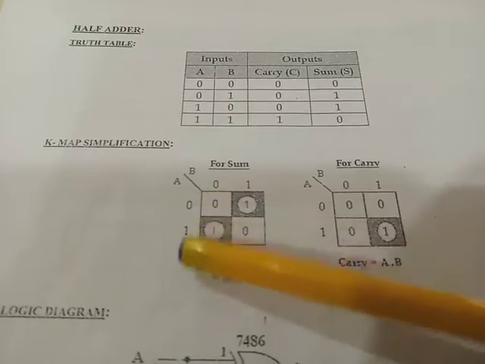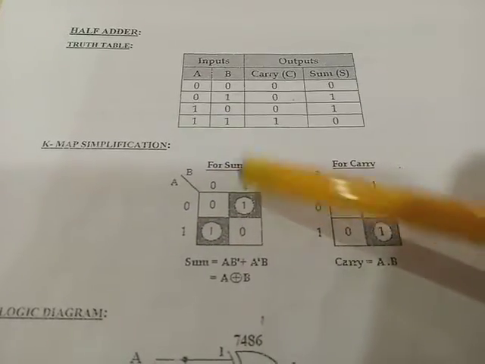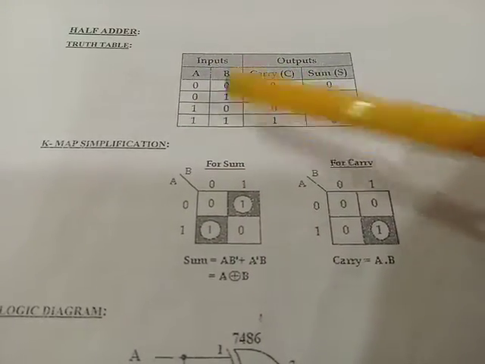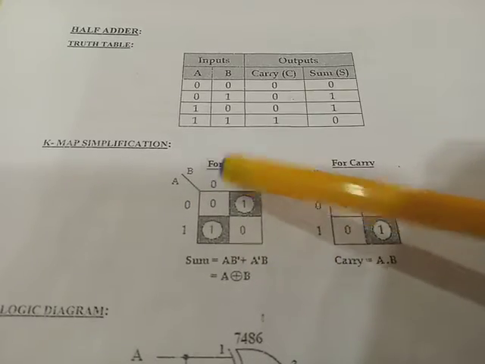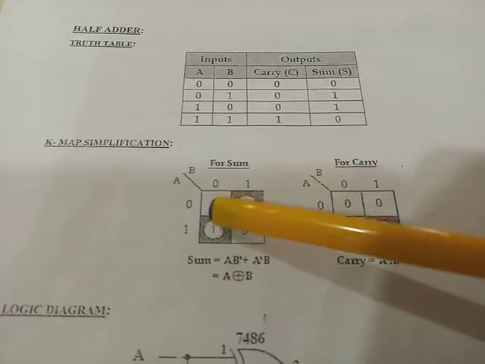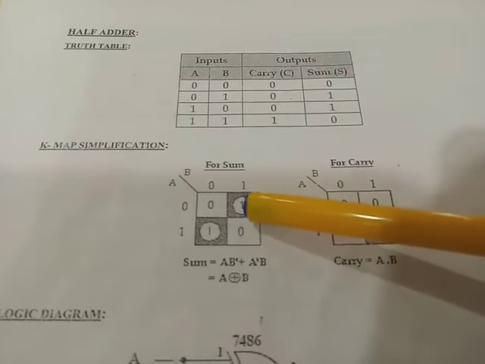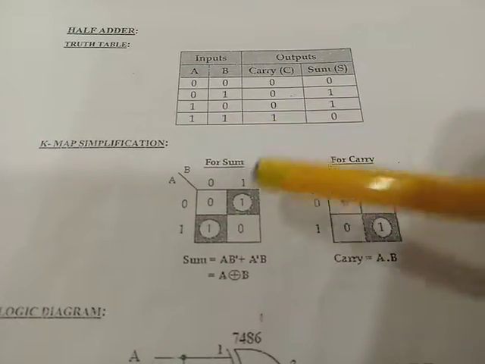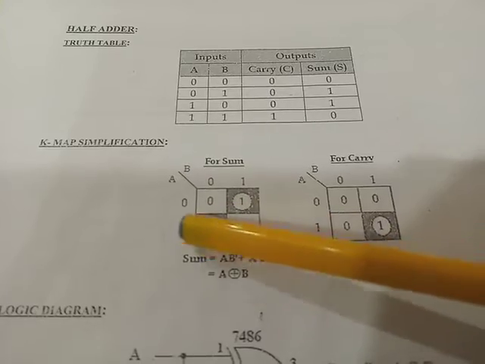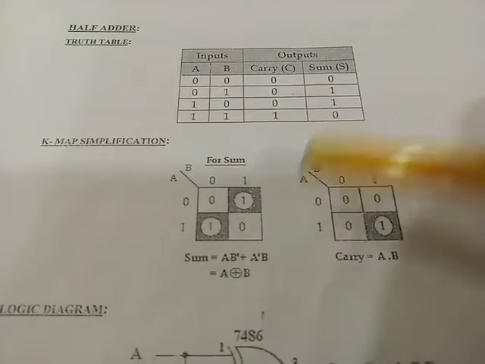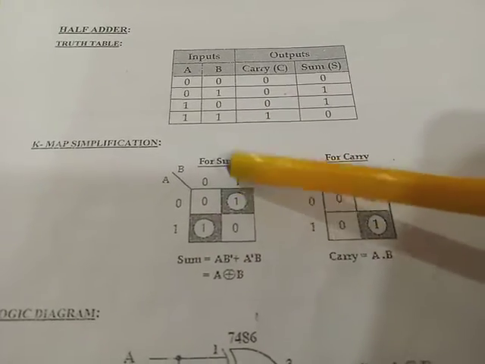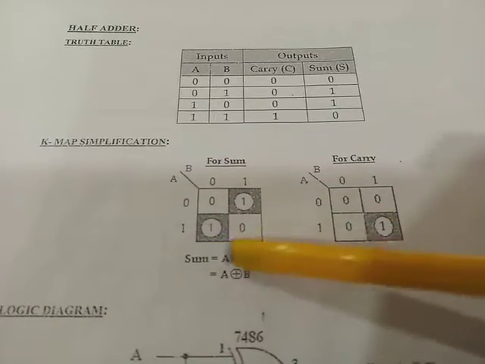For input 0 0, my sum value is 0, and for 0 1 my sum value is 1, and for 1 0 my sum value is 1, and for 1 1 my sum value is 0, right? So there is no possibility of grouping here.